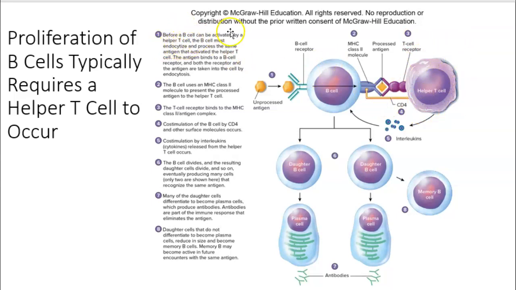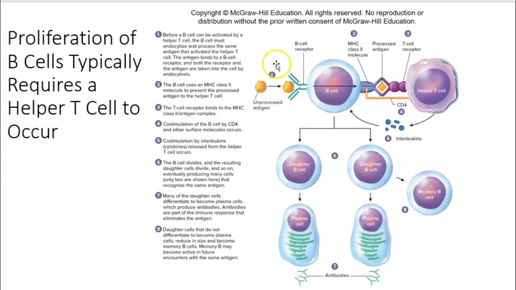It says, number one, before a B cell can be activated by a helper T cell, the B cell must endocytose by phagocytosis and process the same antigen that activated the helper T cell. Remember B cells, guys, B cells also are antigen presenting cells.